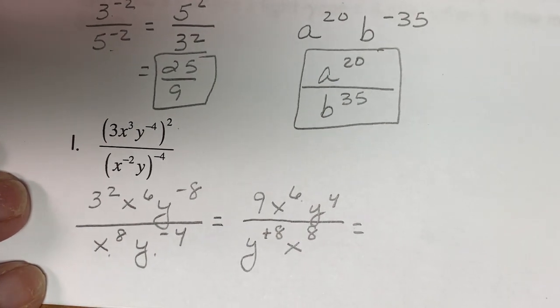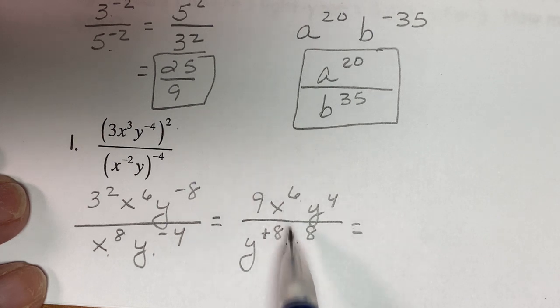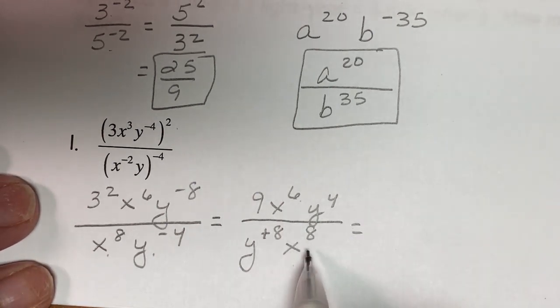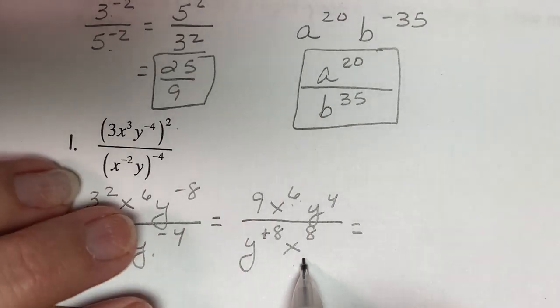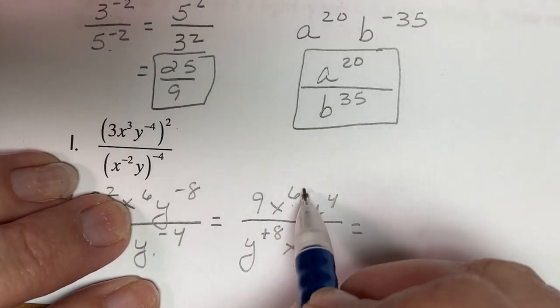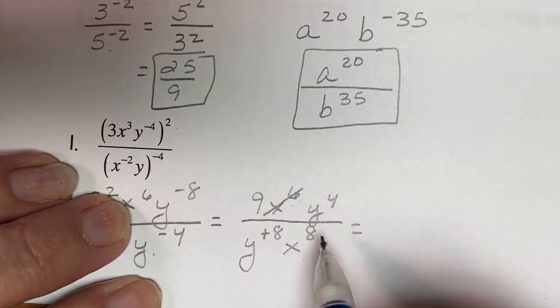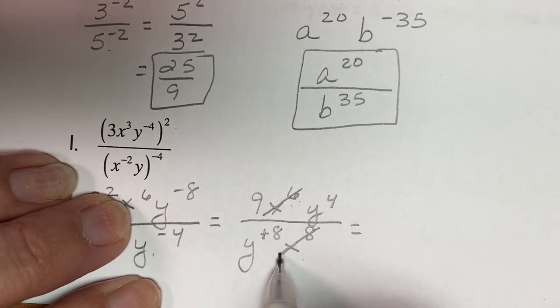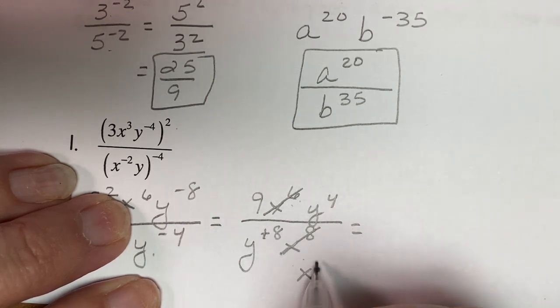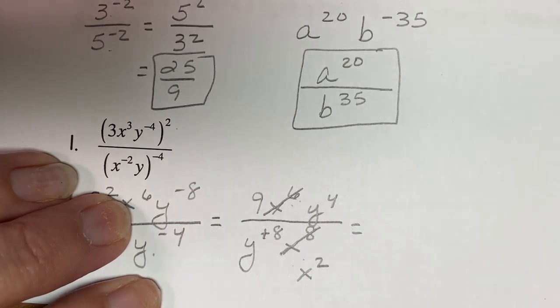All right, so now you can see that we have some canceling that we can do. Look, we have an x to the 6th on the top and an x to the 8th on the bottom. So this takes us back to the beginning of chapter 5. These 6 x's will cancel with 6 of the 8 down below, leaving me with x squared in the bottom.